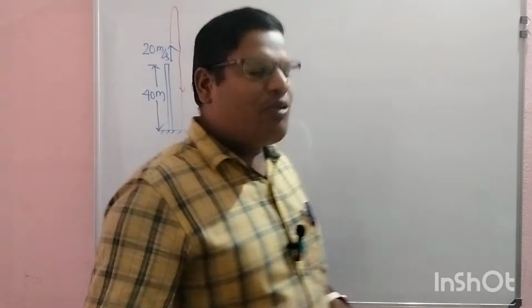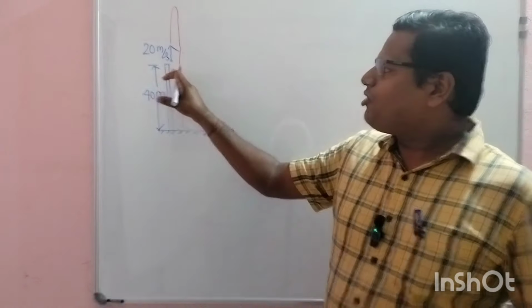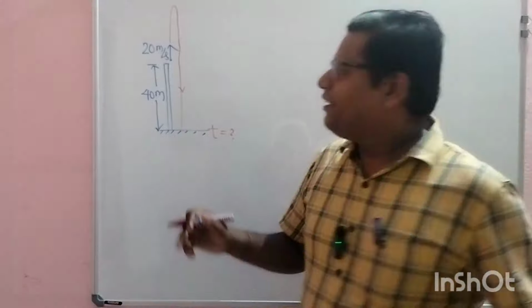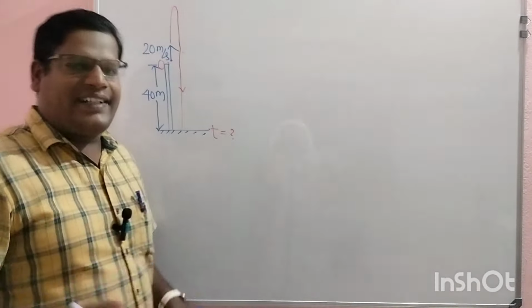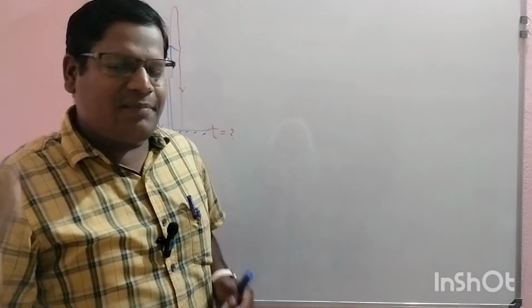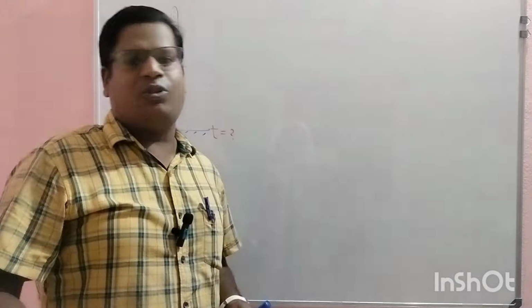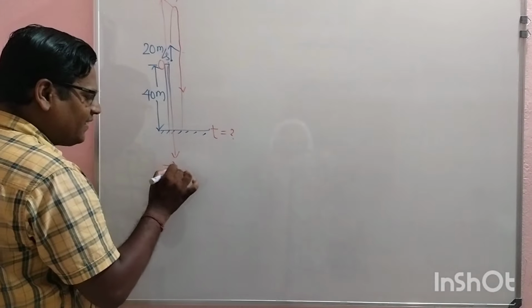The first thing you should do is choose your coordinate system. The point of projection should be taken as the origin. One direction you should choose as positive and the other as negative. Let me choose the upward direction as the positive direction of the x-axis and the downward direction as the negative direction.